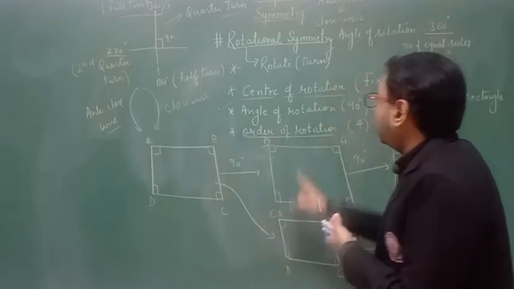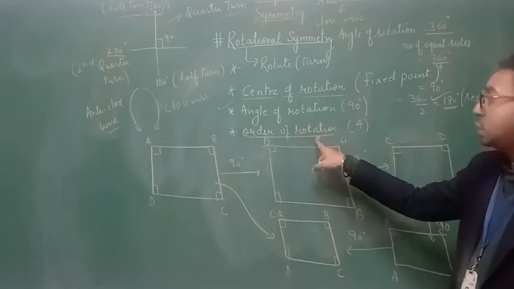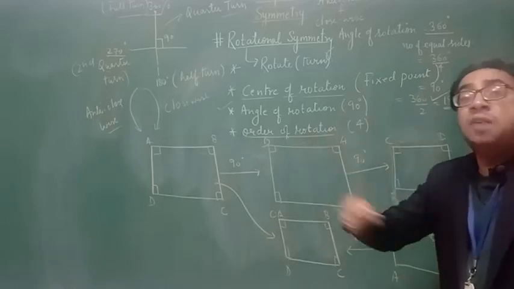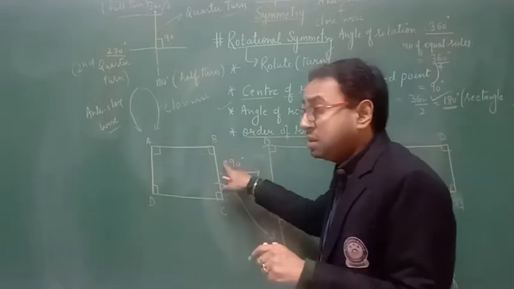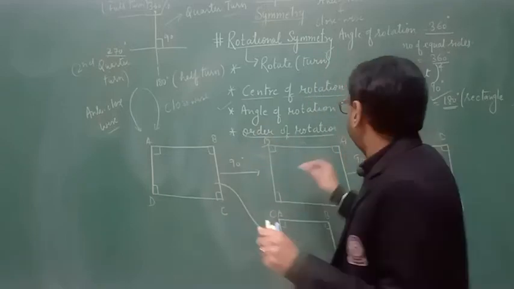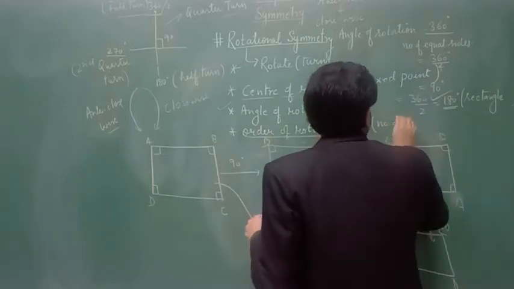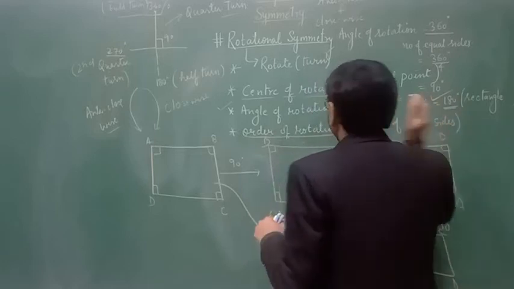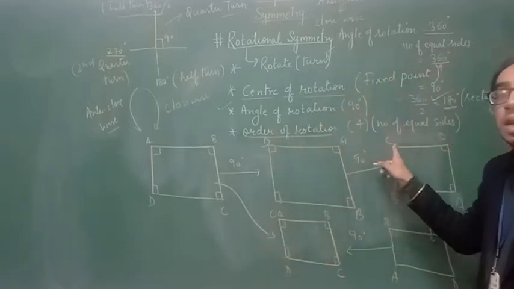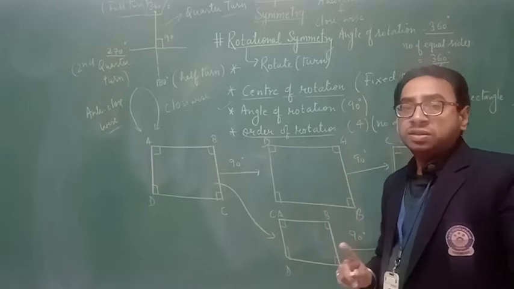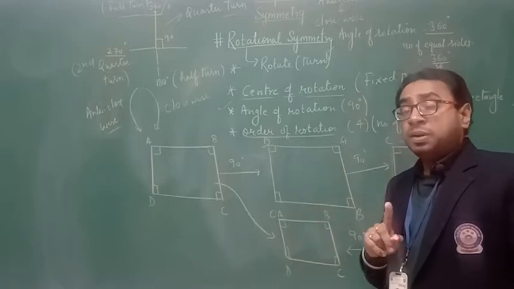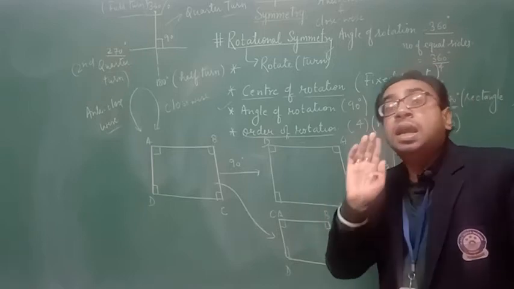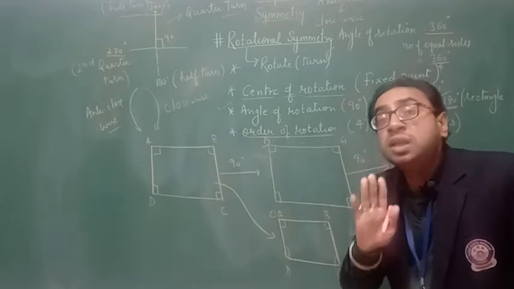Now, order of rotation. Order of rotation means after how many times it repeats. Order of rotation is equal to the number of equal sides. Do remember, order of rotation is equal to the number of equal sides. So can you give me an example: if I talk about a regular pentagon, what is the order of rotation?